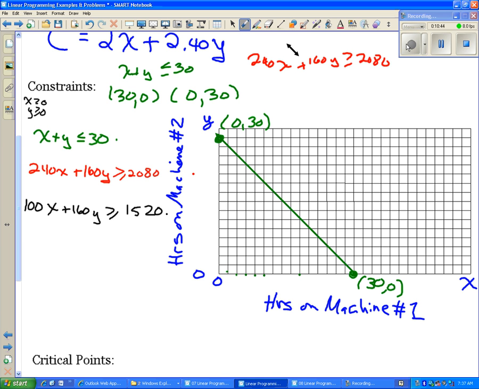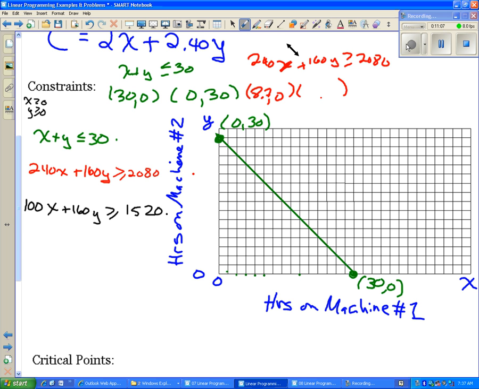Again, I want to find my x and y intercepts because that is the easiest way to graph these. If I plug 0 in for y, it's 2080 divided by 240, and that's going to be 8.7.